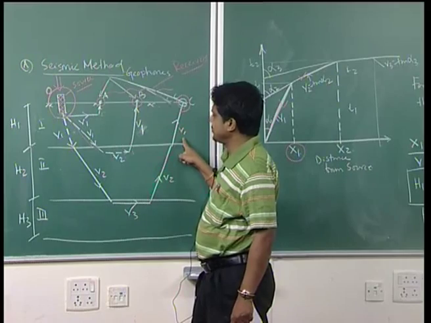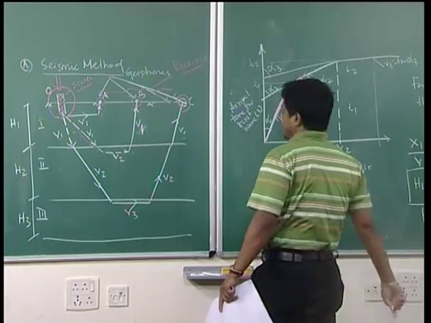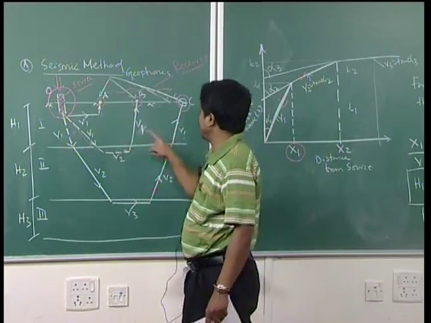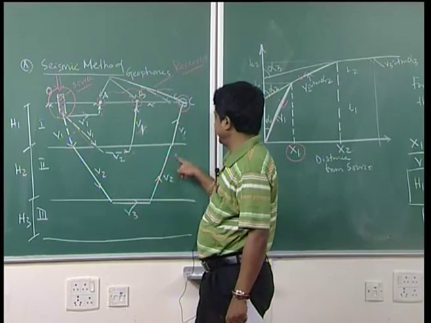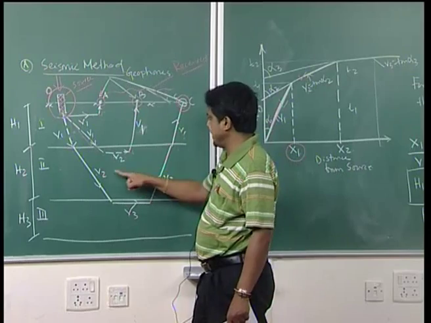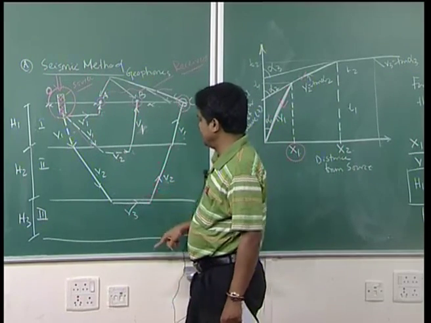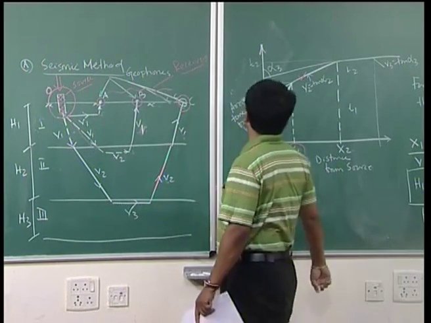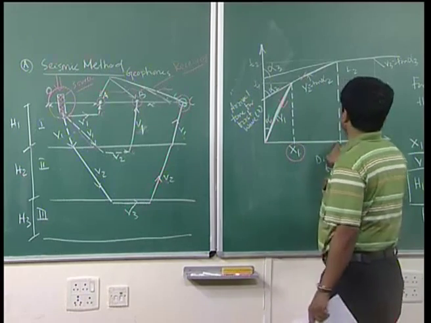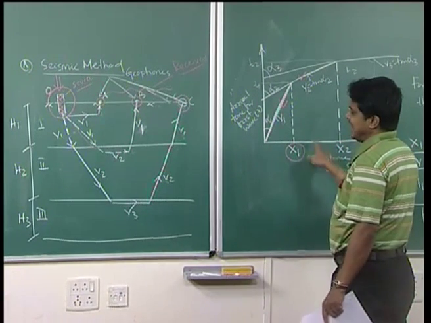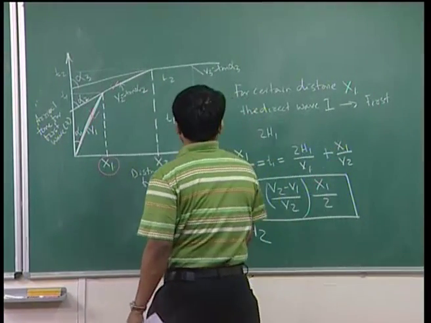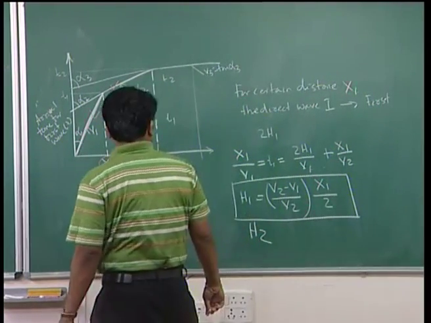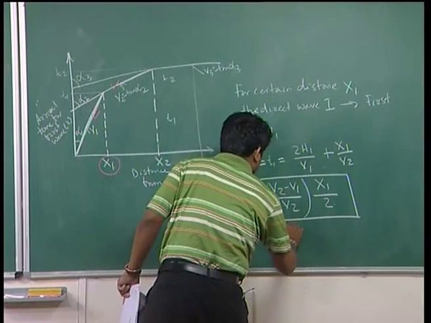That means 2 h1 by V1, then h2 with V2, that means 2 h2 by V2, plus x2 by V3. Then you can easily find the value of h2.